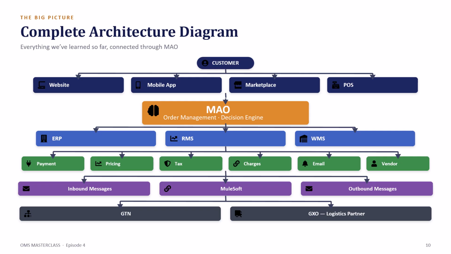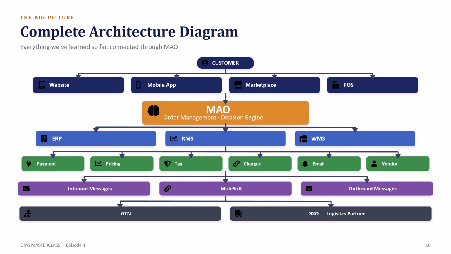You will also see supporting services like payments, pricing, tax, charges, email, and vendor systems. These don't make business decisions, but they provide the services MAO needs while processing an order.